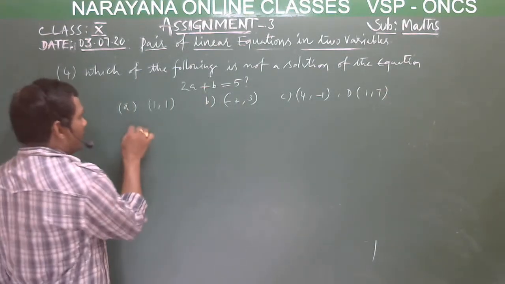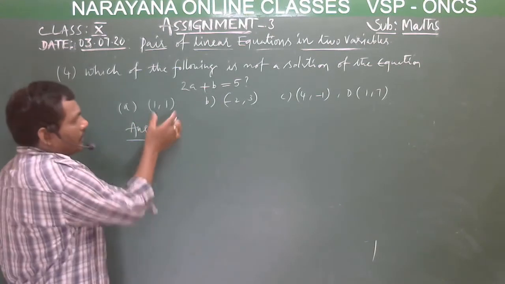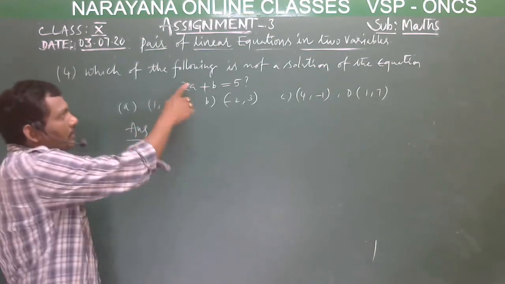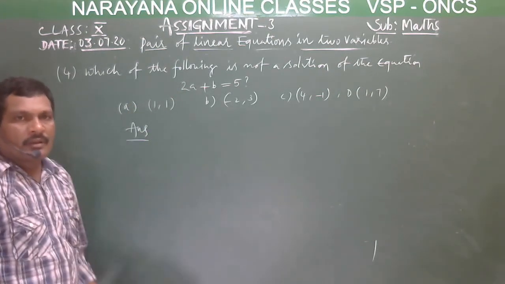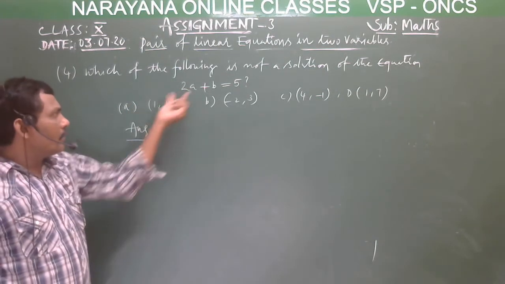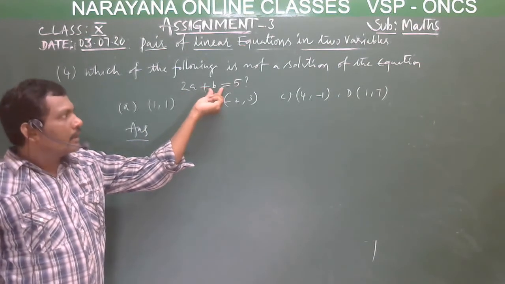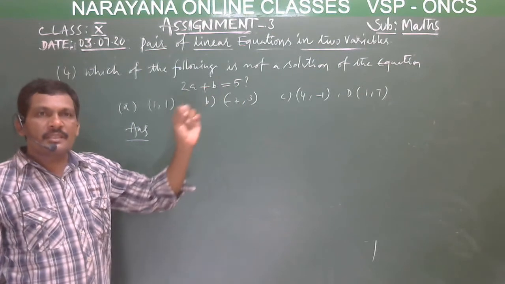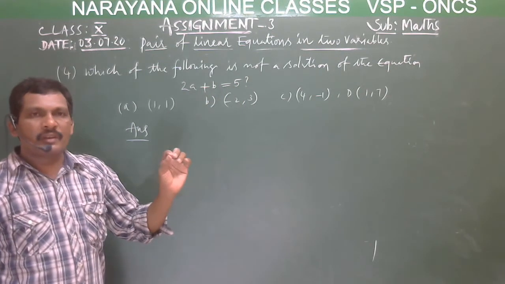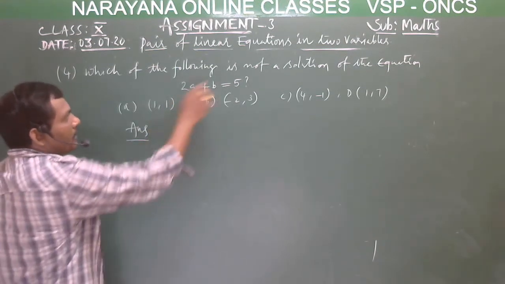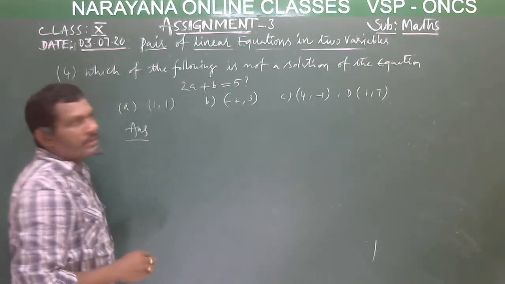First one answer, this is A and B, C, D options are in this equation. Which pair will be substituted for a and b, equal to 5 means that is a solution, otherwise it's not a solution. Now here, it is asking for what is not a solution of the equation.